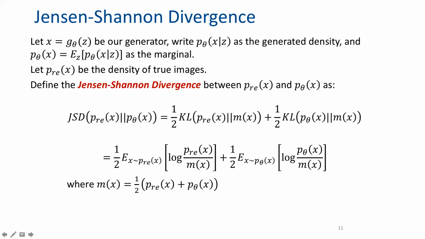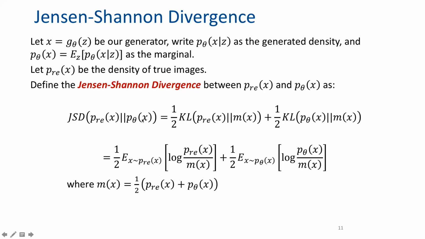One of them is KL divergence between the real images and the average distribution, which I'll define in a minute, plus half the KL divergence between the synthetic images and this average images. And the averaged images are just the average of the two distributions. Or if you want to think about it, that's the same as alternately sampling from real and synthetic images.